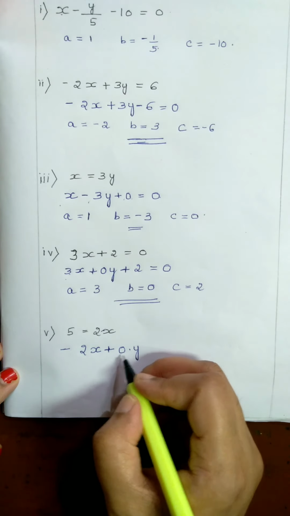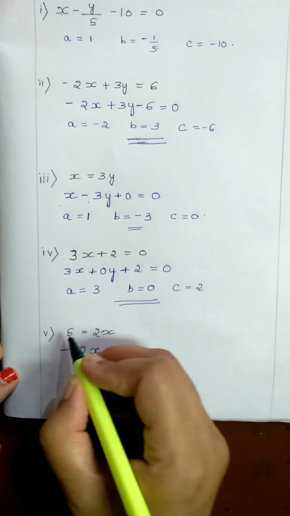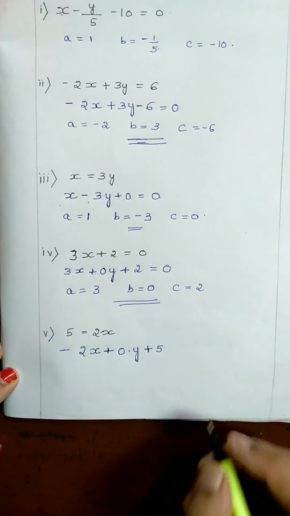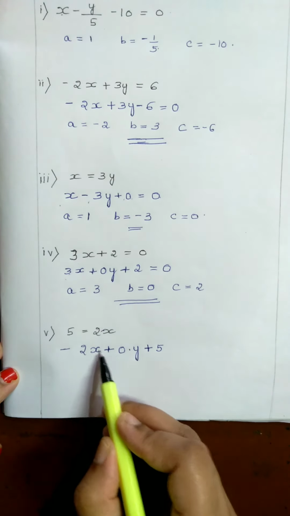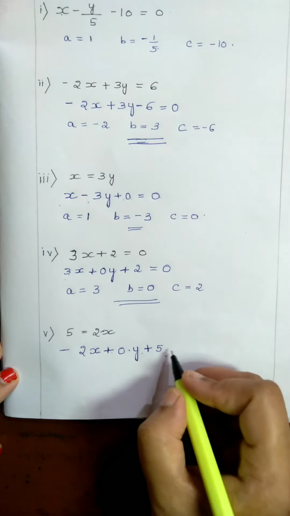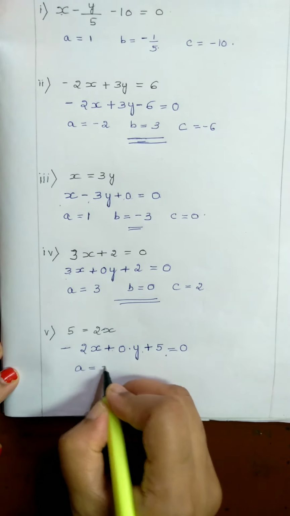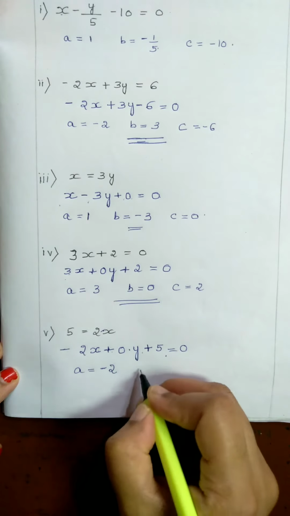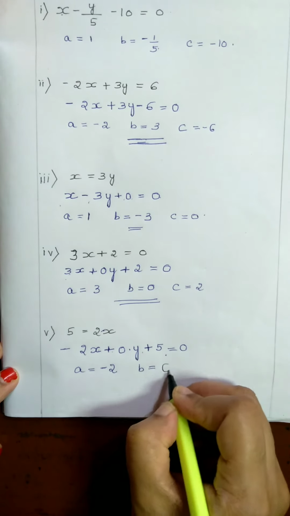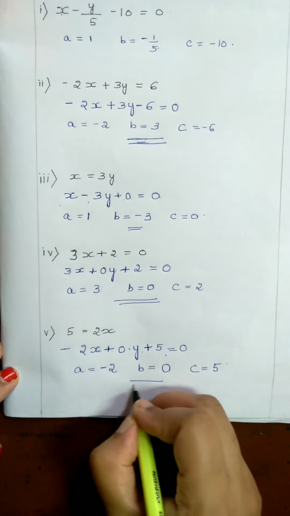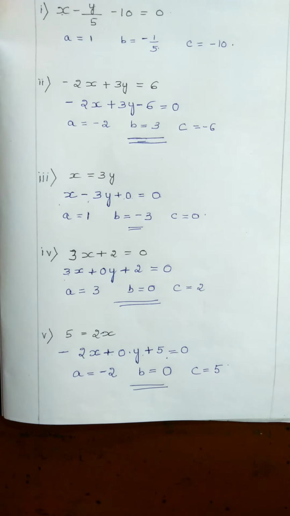Then we already have the c value, that is plus 5, on the left hand side of the equation. So ax plus by plus c equal to 0, and the value of a will be equal to minus 2, the value of b will be equal to 0, and the value of c will be equal to 5. This is the answer to this problem.